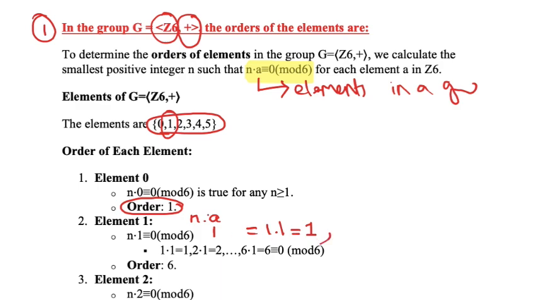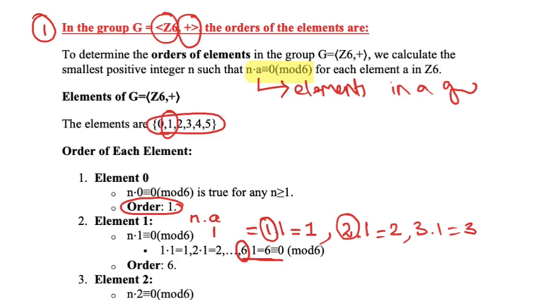Then again I am changing the n value. Earlier we used 1, now n equals 2. 2 into 1 is 2. Similarly, 3 into 1 is 3. We halt this iteration when the value becomes 0. For this element, when we apply n equal to 6, that is 6 into 1, the value will be equal to 0 when applying mod 6.